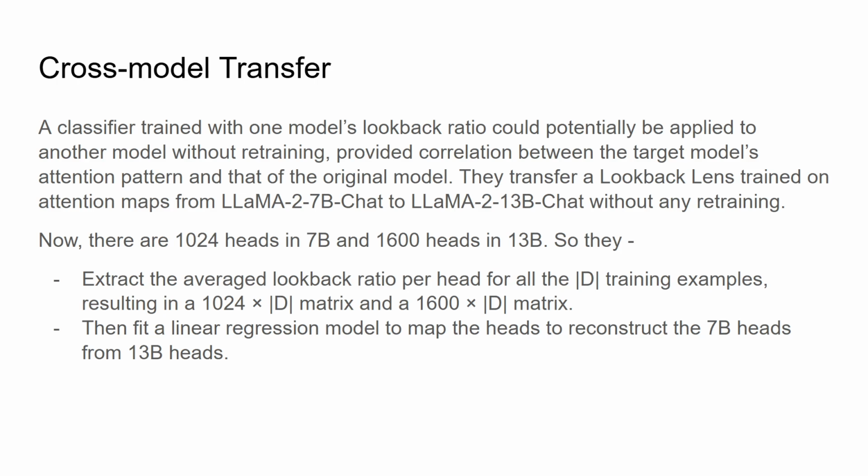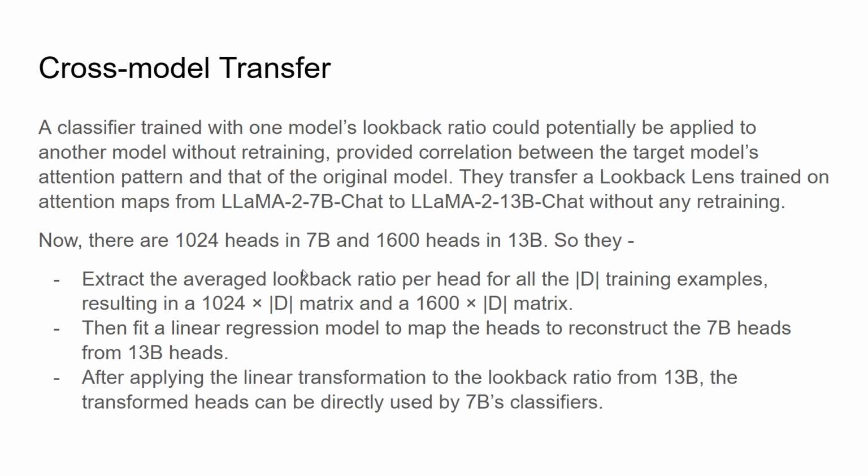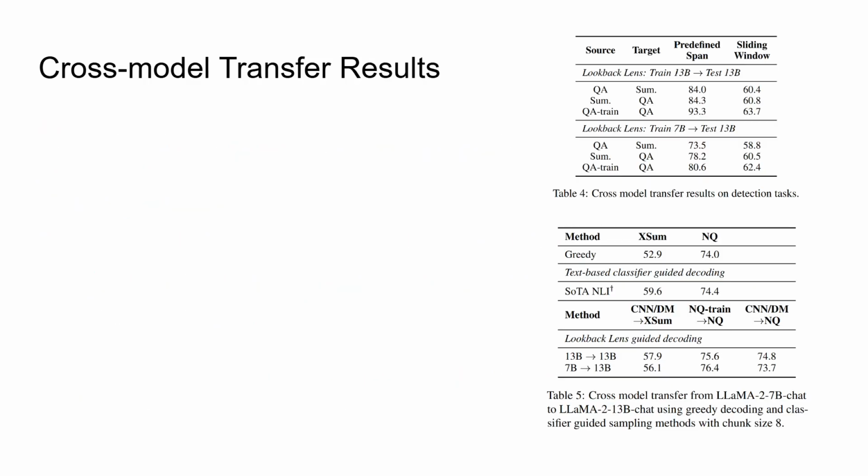Then you fit a linear regression model to reconstruct the 7 billion thing from the 13 billion thing, so you go from this matrix to this matrix. Once they have learned this transformation, you can apply it to the lookback ratio from 13 billion and use that for the 7 billion classifier. So this is what they do in their cross-model transfer.